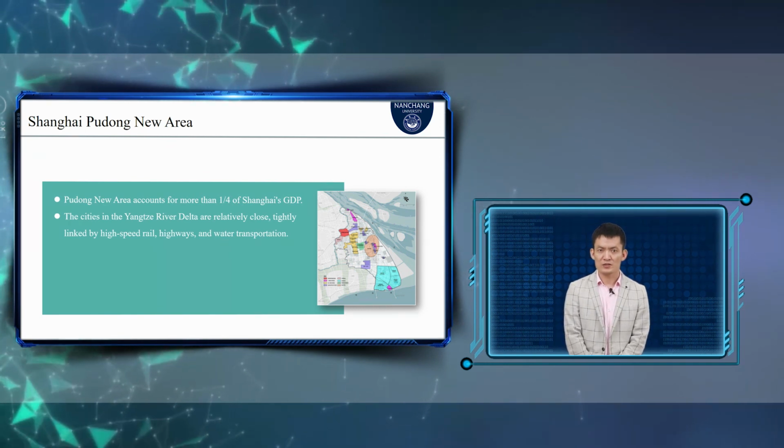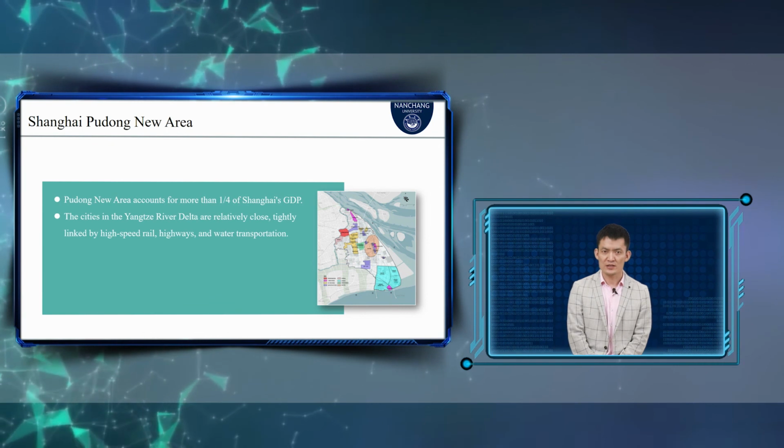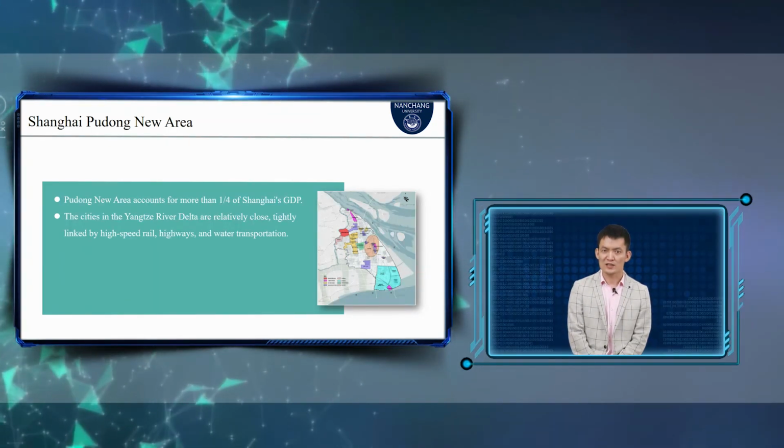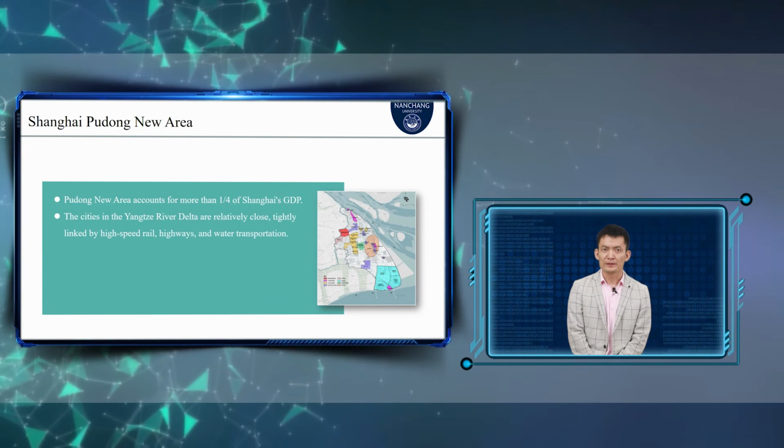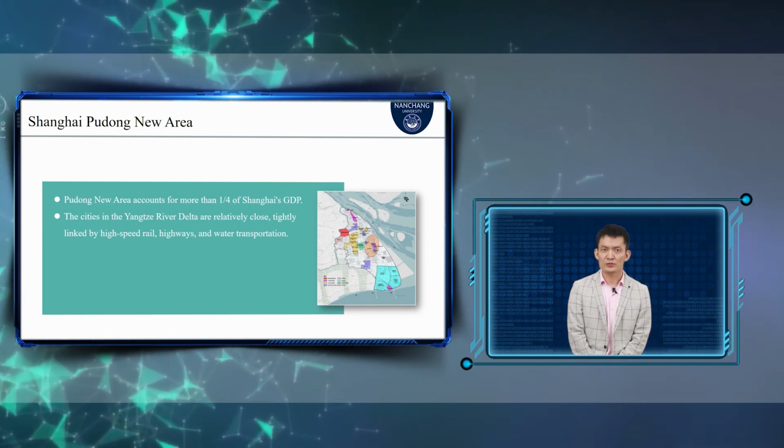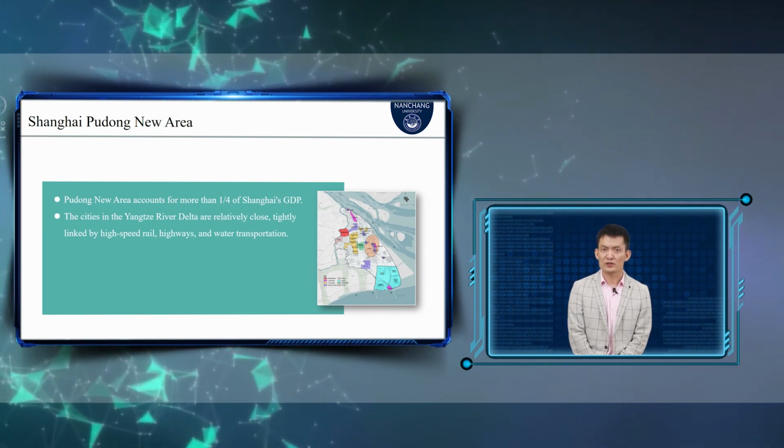The high-speed railway brings not only the convenience of shortening of time for traveling, but also provides the conditions for exchanges and cooperation between cities in the Yangtze River Delta.